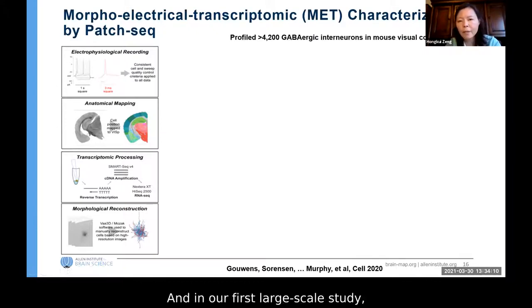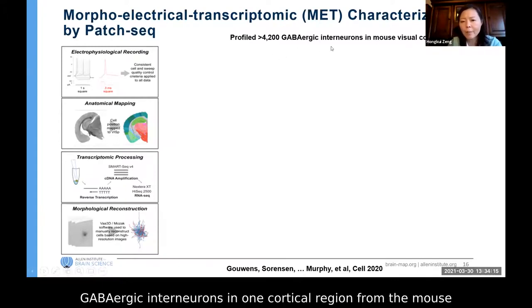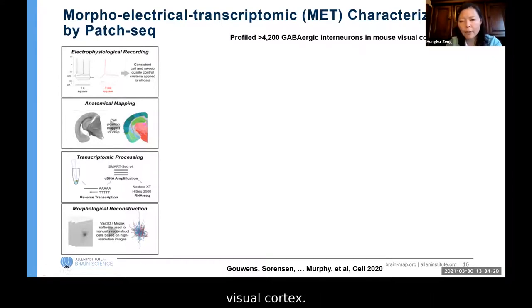And in our first large-scale study, we profiled more than 4,000 individual GABAergic interneurons in one cortical region from the mouse visual cortex.